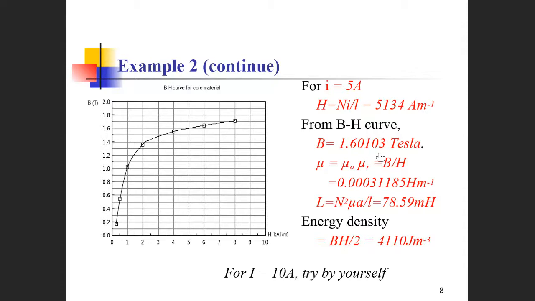Then the B over H ratio gives the mu value. In this case, the permeability at 5 amperes can be estimated. So this is the mu value. The free space or absolute permeability mu 0 is 4 pi times 10 to the minus 7, which is very small.